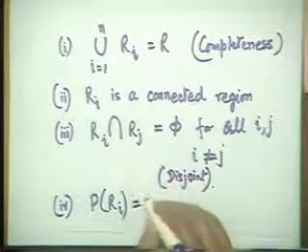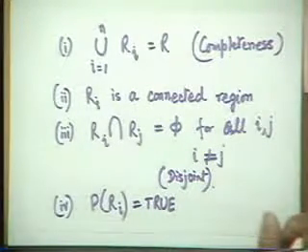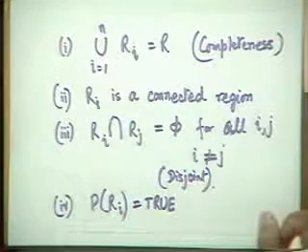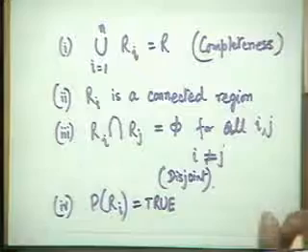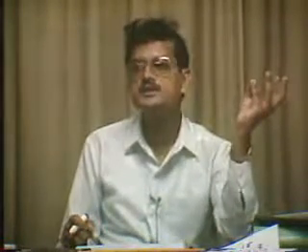That means when I say P(Ri) is equal to true, all the pixels belonging to the region Ri must fulfill that similarity property. Now what is that similarity property? We will come to that. I can give you a very simple example: that similarity property could be that their image intensity should lie within a particular zone.